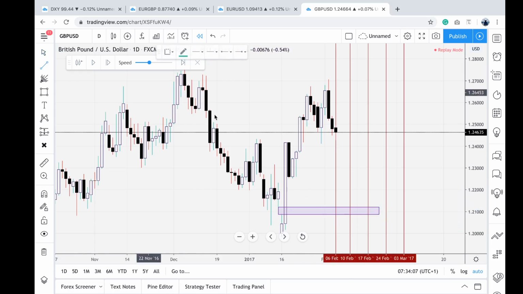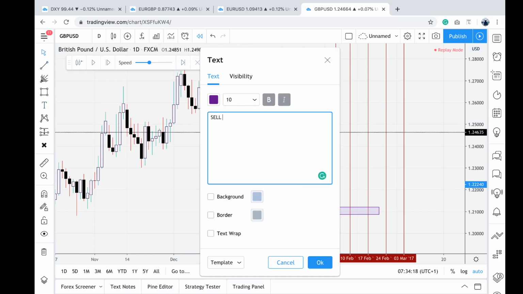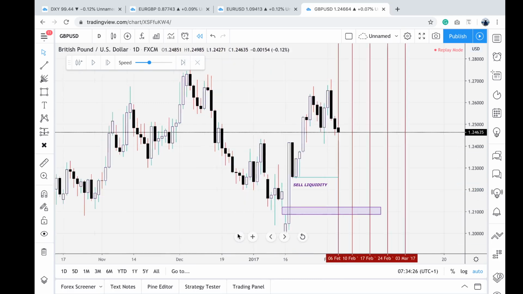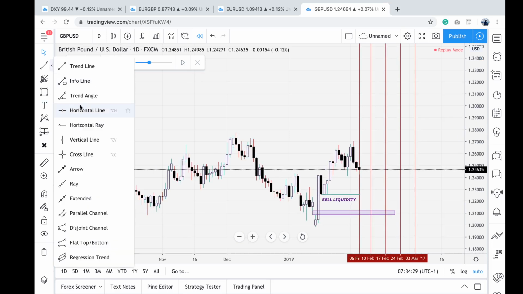And your sell side liquidity is resting off these very clean levels. So we can label this sell side liquidity. All right, so sell side liquidity rests off that level, and buy side liquidity rests at the top of this range.